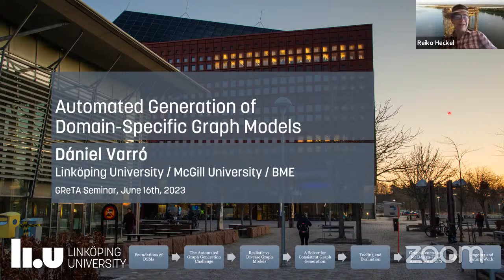In my announcement, at least in one I sent earlier on one of the mailing lists, I said that in a way this is a bit like a sub-solver for graph rewriting or graph-based models. So we'll see whether that is true, and whether there is any deeper relevance to this. So yeah, Dániel, take it away, please.